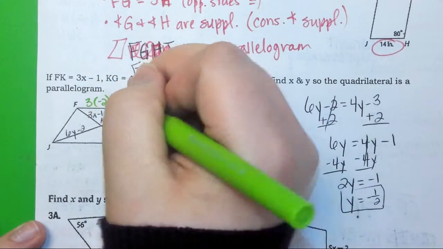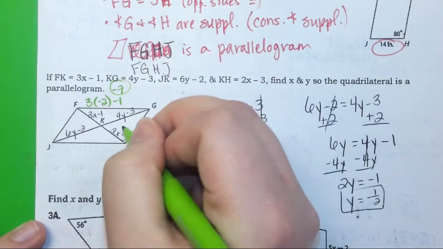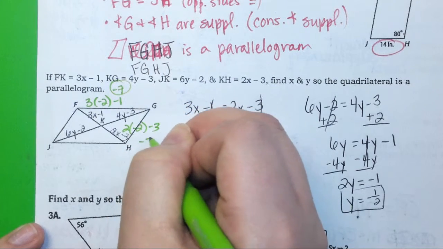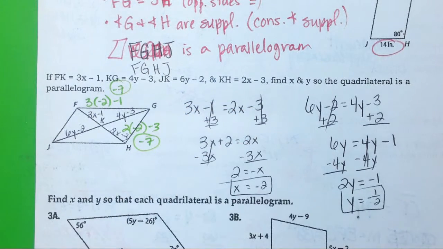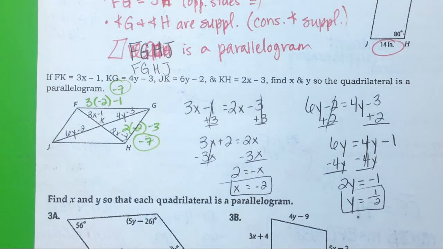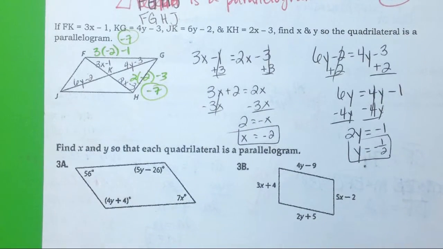Negative 6 minus 1 is negative 7. 2 times negative 2 minus 3. Negative 4 minus 3 is also negative 7. Yes, they match, but it doesn't make sense for something that you actually measure to be a negative length. So I think this entire problem is silly. But we've done it. That's all we had to do. So 6-3 and 6-2 are really a little too similar for comfort.